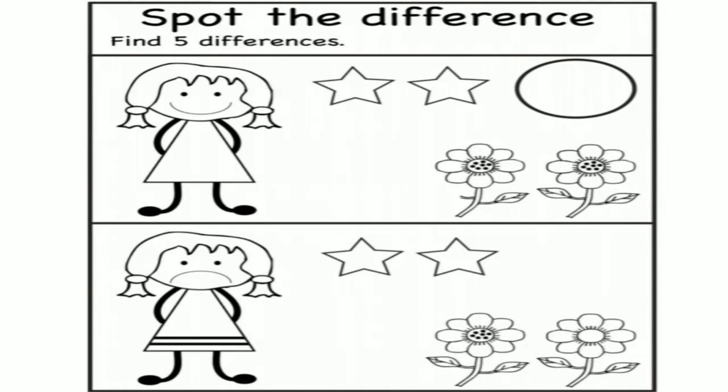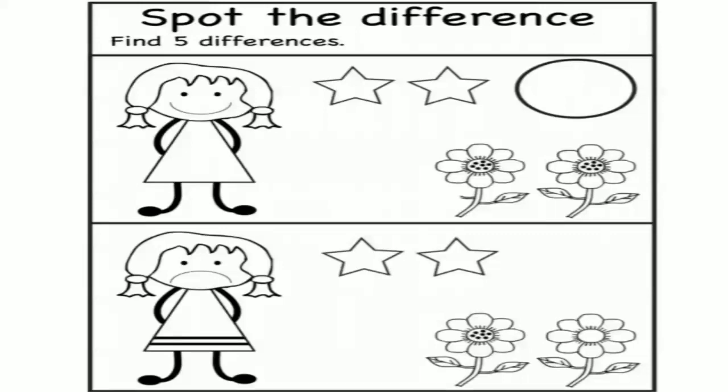So what is the third difference now? You can see in the first picture, there's an oval shape, but in the next picture, there isn't any shape called oval. There are only two stars and no shape beside it. Okay, so this is the third difference.